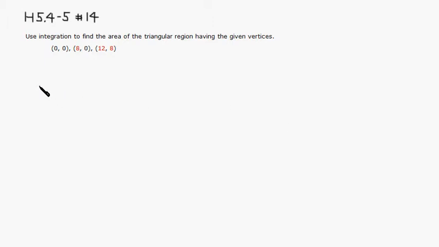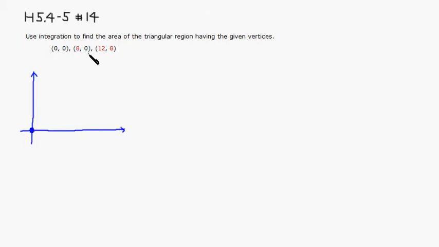Let's just sketch the picture first. You have the y-axis and the x-axis. The first point is the origin, so that's easy to plot.